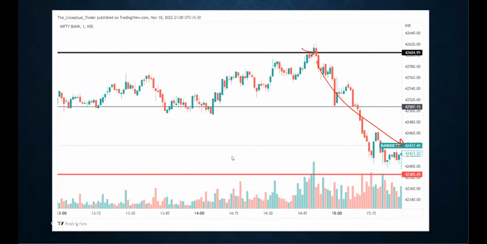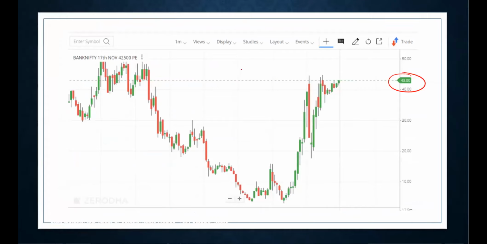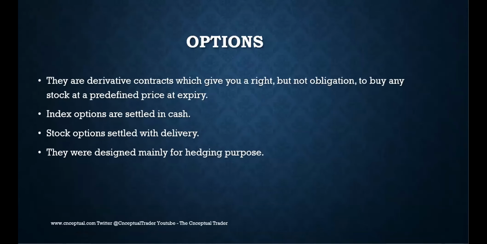So stay with me. I'll answer everything regarding this, and using these concepts you can take trades in the next expiries by yourselves. Also, one more thing, guys: a lot of people are here, and some of you have not been very familiar with options in the past.